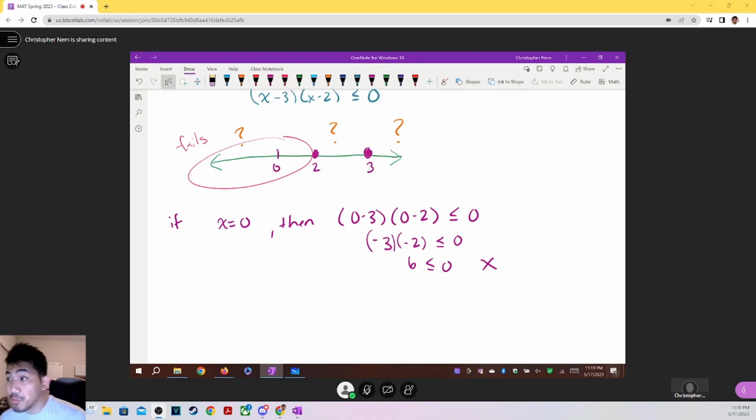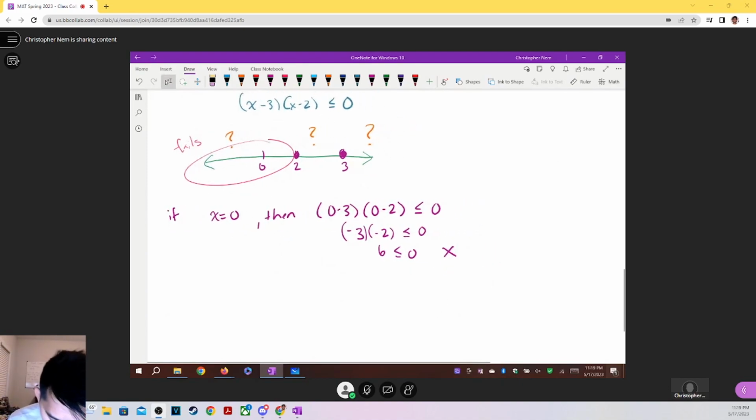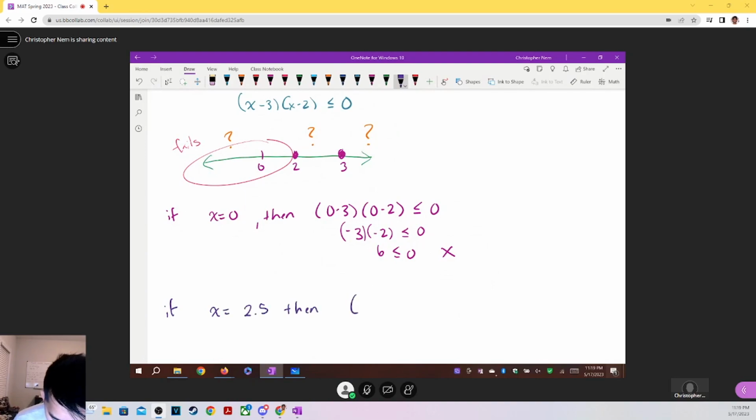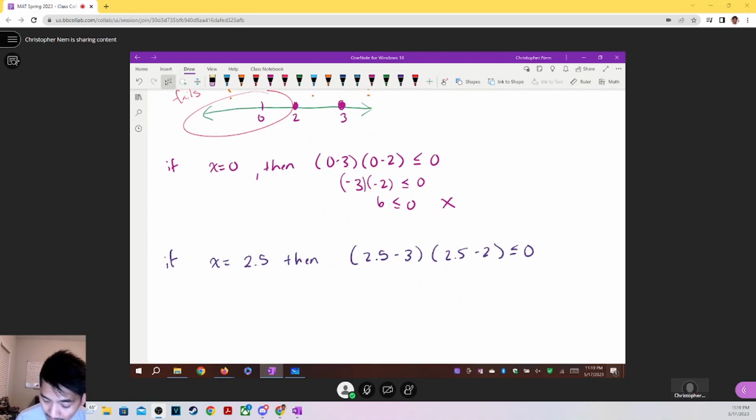Now I have to check a value between 2 and 3. Well, I'm going to do 2.5 in particular. So, if x is equal to 2.5, then we have 2.5 minus 3 times 2.5 minus 2 less than or equal to 0. And all I'm doing is plugging in for x. Is this a true statement? Well, 2.5 minus 3, that's going to give me a negative number, right?